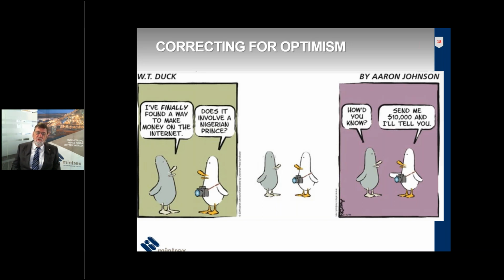We need to use formal and recognised estimating tools and benchmarking. The American Association of Cost Engineers systems are published in the AusIMM Monograph 27, and it's readily available, and it's a very useful tool.